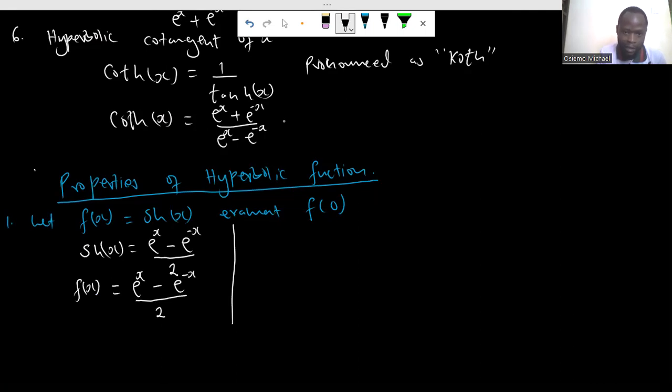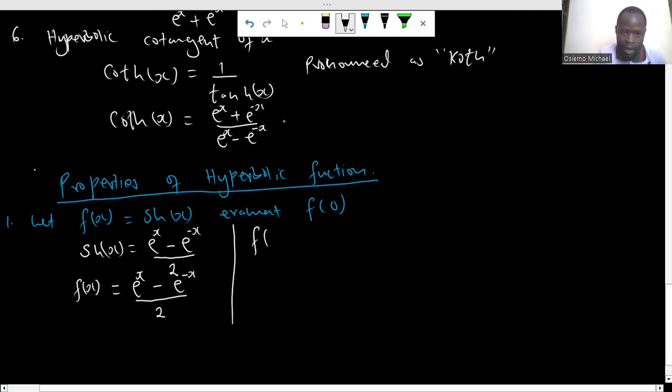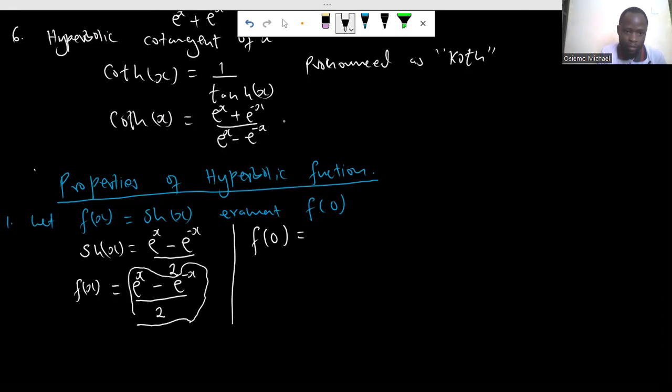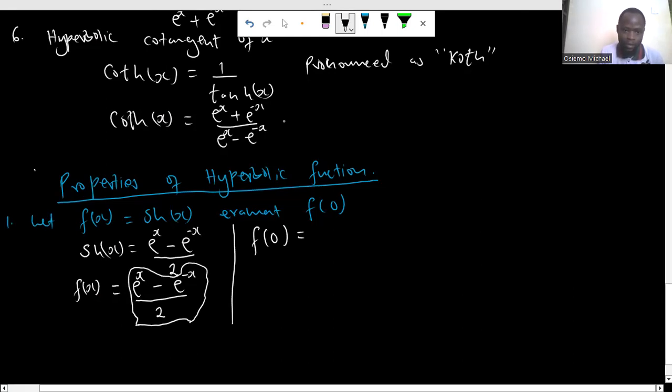And in this case, I want f at 0. So it means that in this expression, I'm going to substitute the x with 0 so that I'm going to have exponential 0 minus exponential negative 0, and this over 2.